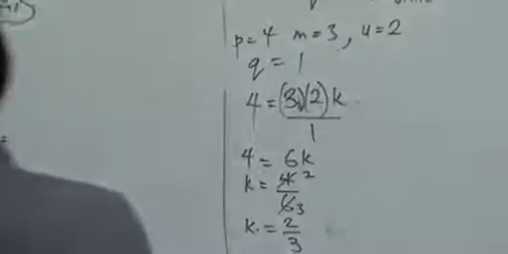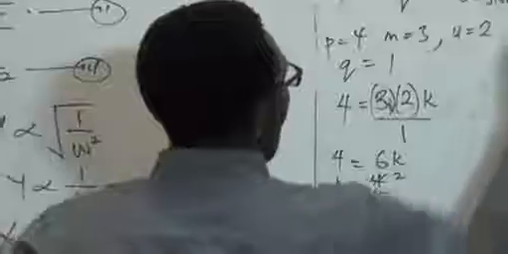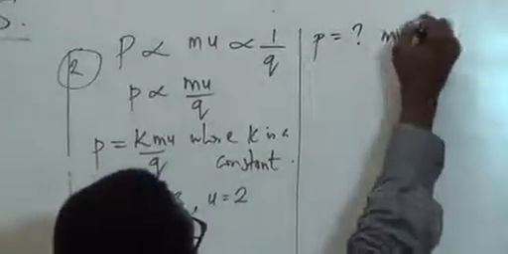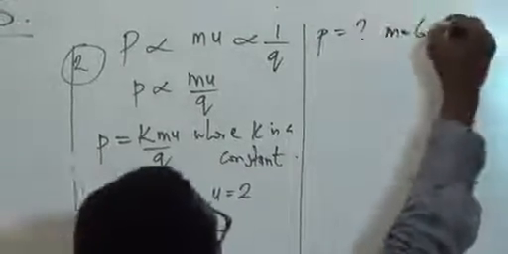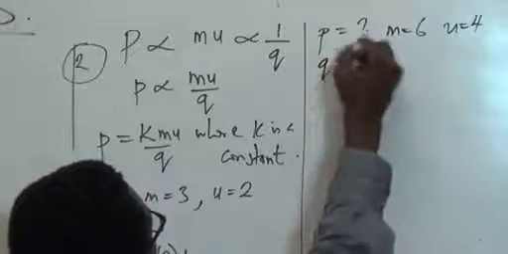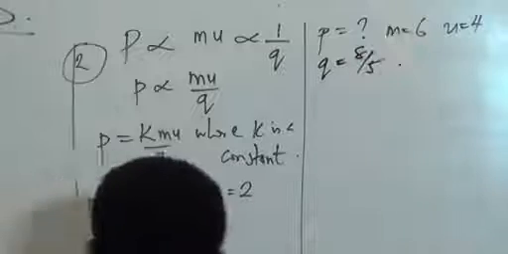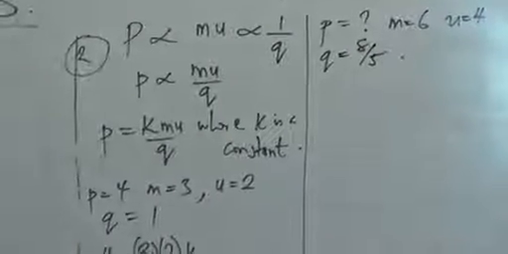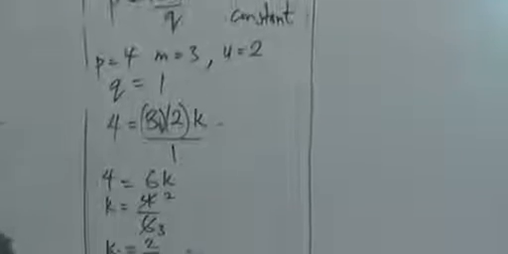So we are now asked to find P. Find the value of P when M is equal to 6, U is equal to 4, and Q is equal to 8 over 5. Now from this K we can make a relationship or a formula by putting K into this initial statement.